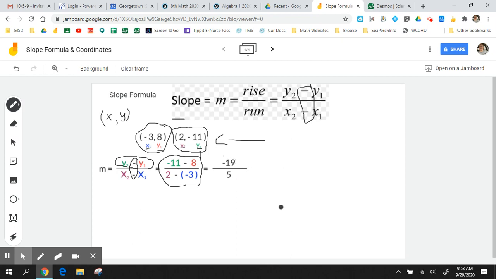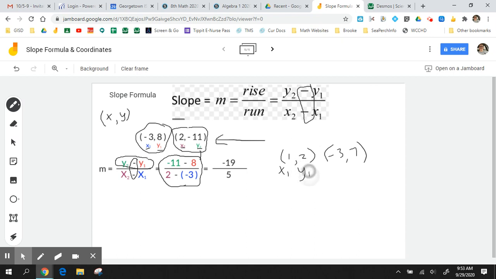So let's do another example. Let's say 1, 2, and my next coordinates will be -3, 7. You can label x1, y1, x2, y2 above it or below it. I like to do it either way, depending on the paper, if you have room above or below, but I'll label it below on this one.